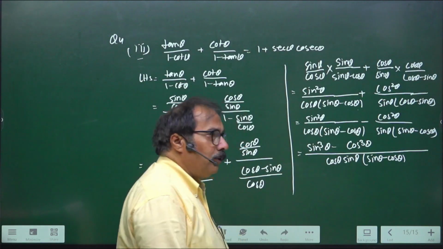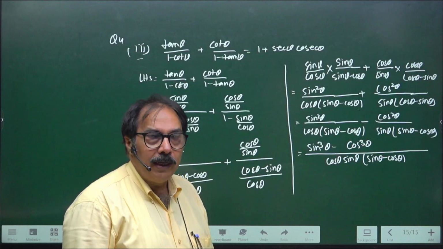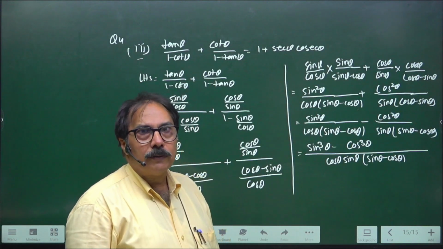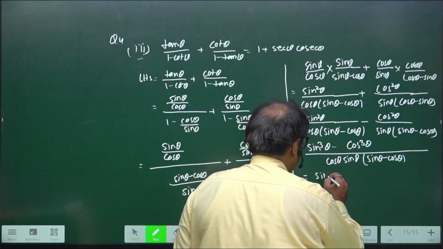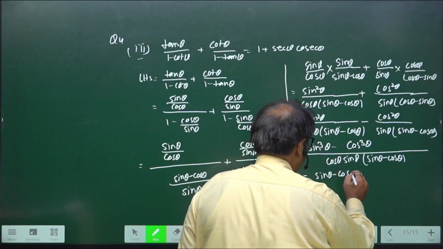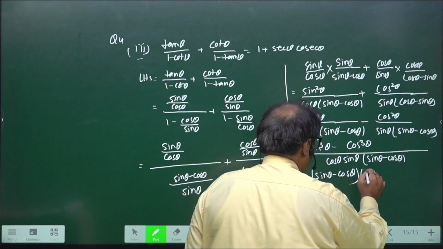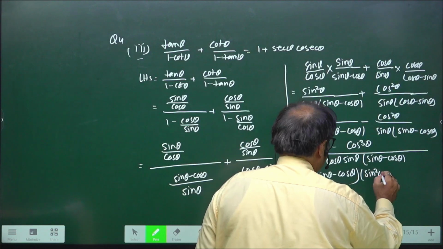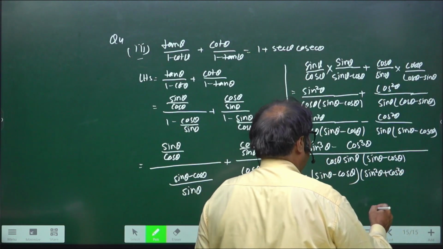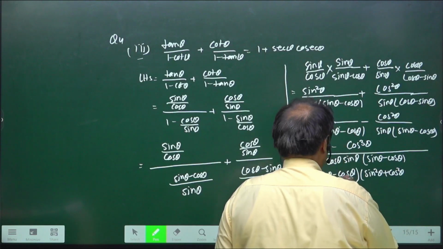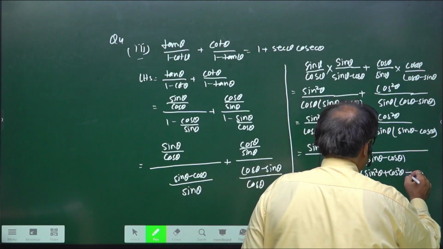The identity of a cube minus b cube is a minus b into a square plus ab plus b square. So this is sin theta minus cos theta, which is a minus b, and now a square plus b square and plus ab. Am I right? A minus b, a square plus b square plus ab.